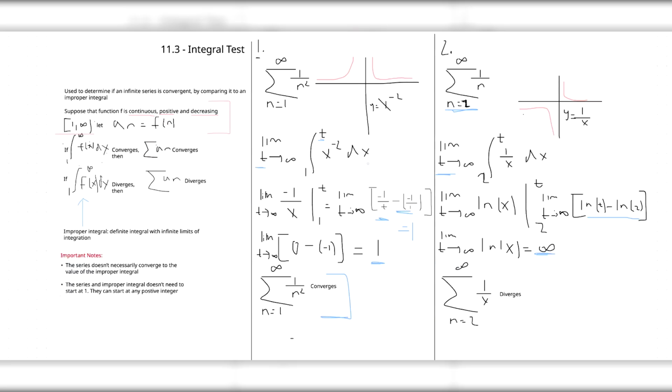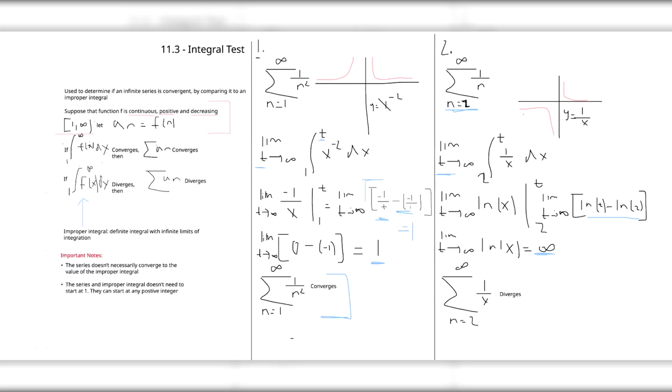And then I've done the integration here, kept the limit, and then you plug in the bounds and get limit as t approaches infinity of negative 1 over t minus negative 1 over 1.